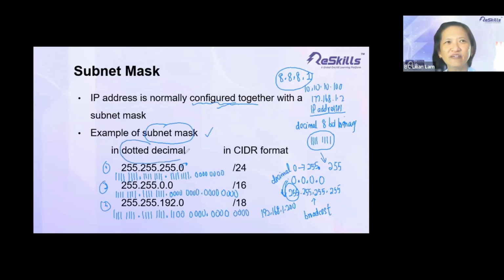Now, it's in dotted decimal format, but it's much easier for us to refer to it using what we call a CIDR format. CIDR stands for classless interdomain routing.